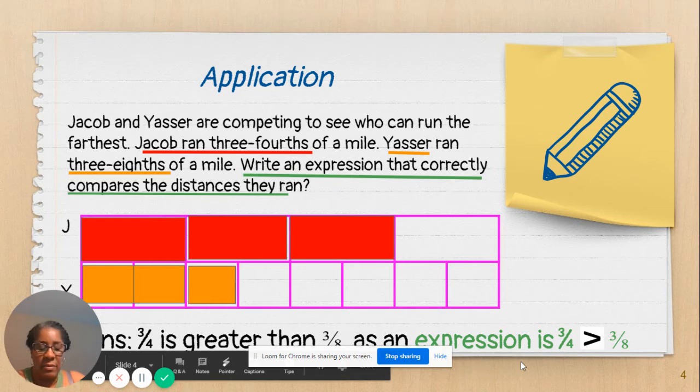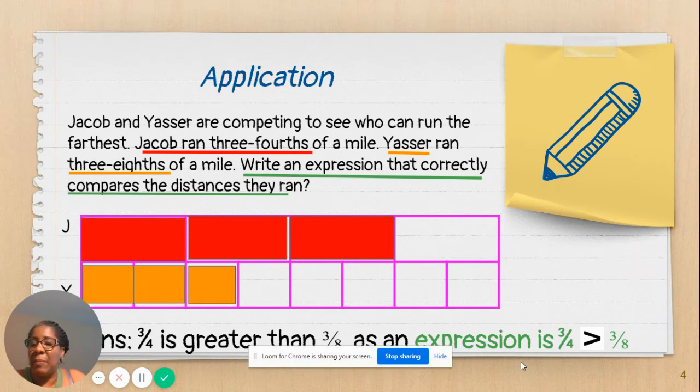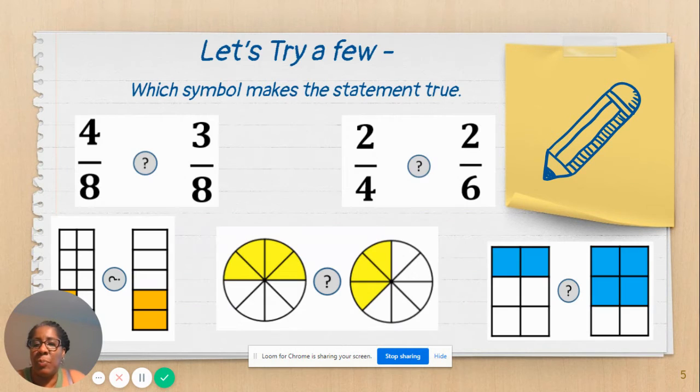There you have it. Okay, so this was just an example of how we can apply comparing fractions in a word problem. Let's go through a few pictorial and numerical representations. Again, remember what I said earlier: if they have the same numerators, we need to pay attention to the denominators.